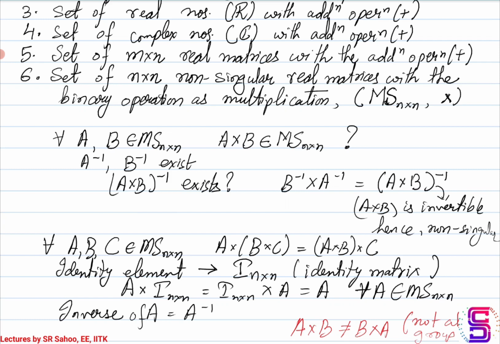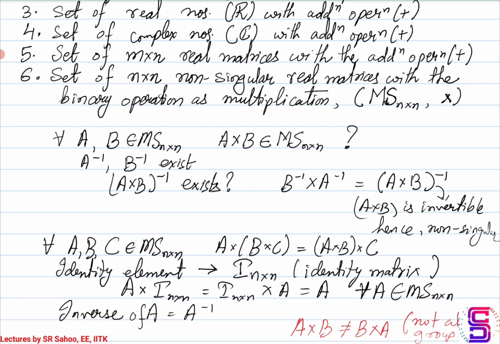Okay, so this is not an abelian group because matrix multiplication in general is not commutative. If A times B were equal to B times A for any A and B that you choose, then we could have said that the set satisfies the commutation property under the multiplication operation. But this is not true.